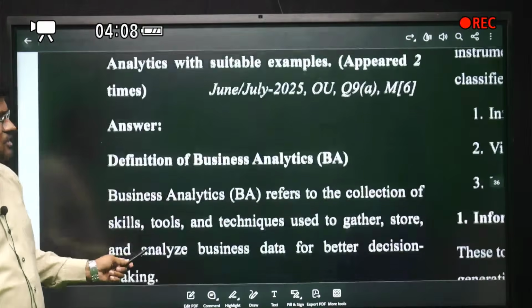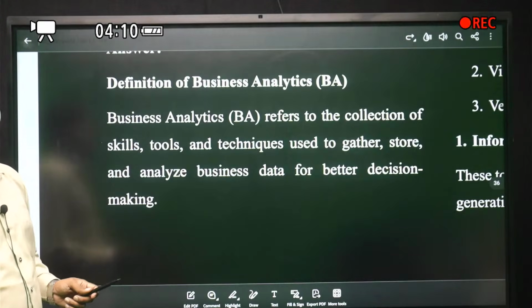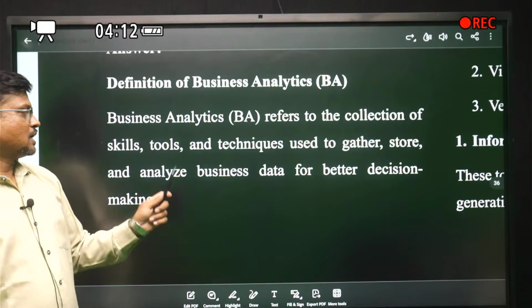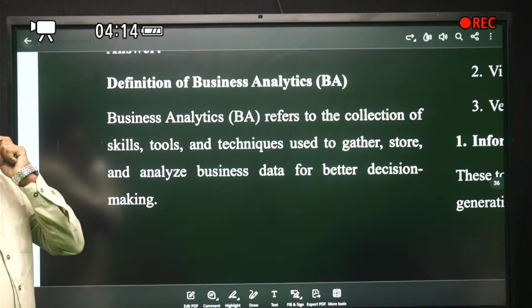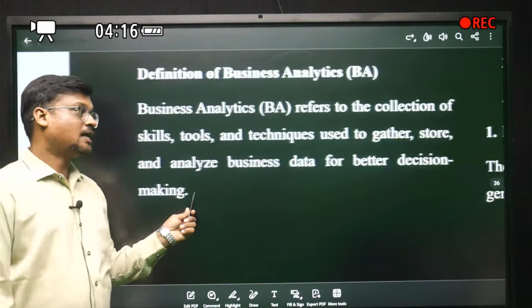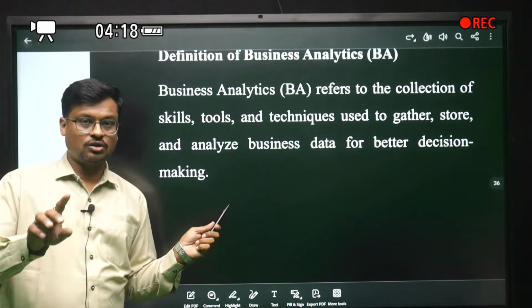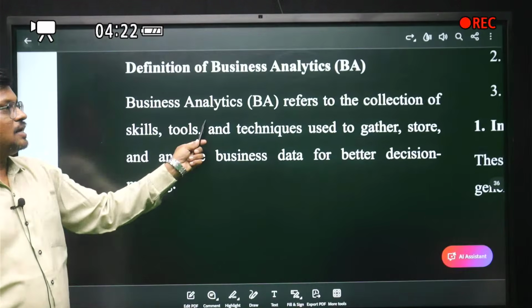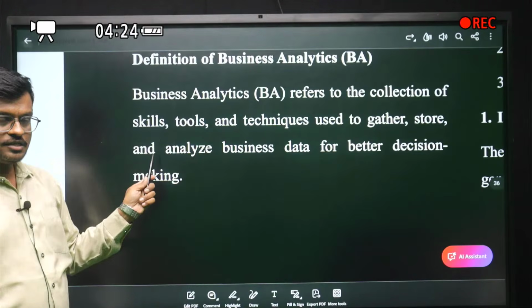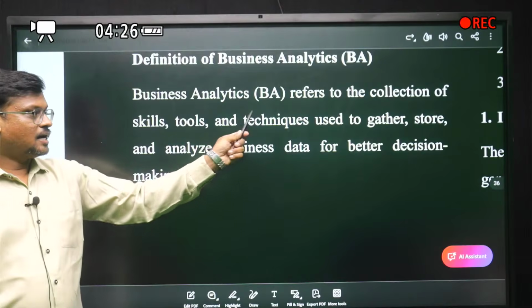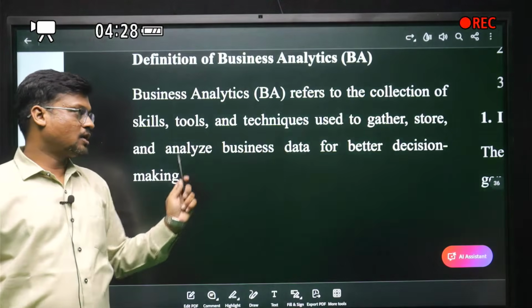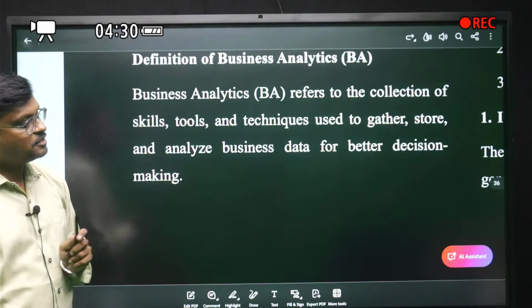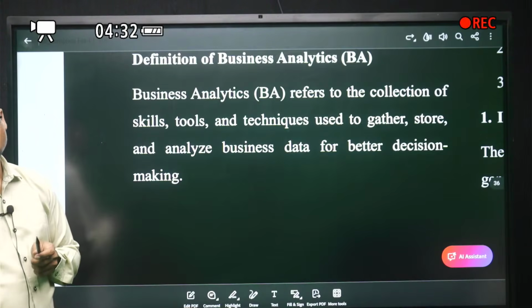So what is business analytics? Business analytics refers to the collection of skills, tools, and techniques used to gather, store, and analyze business data for better decision making.